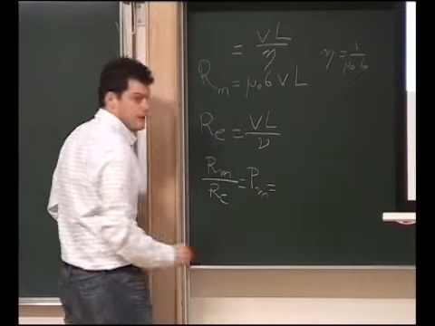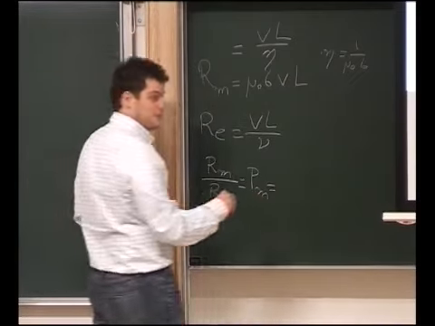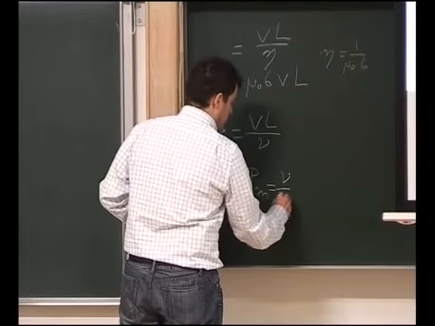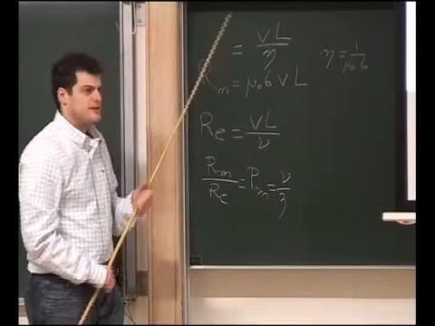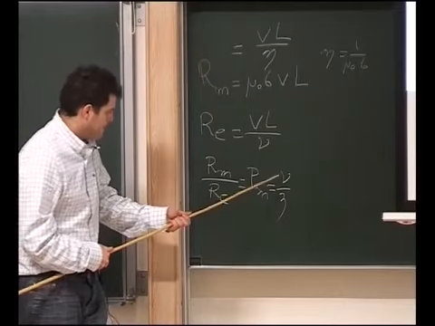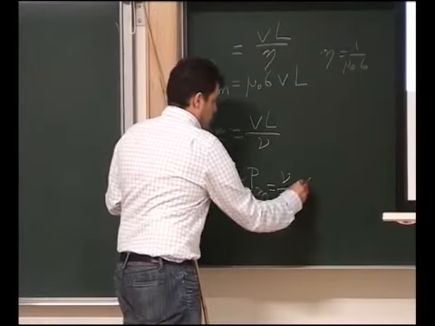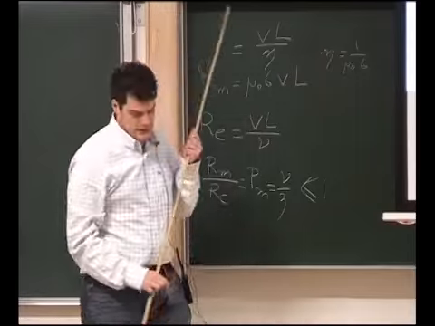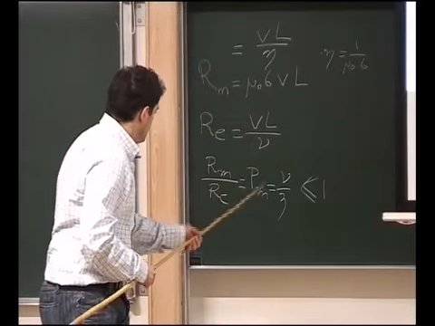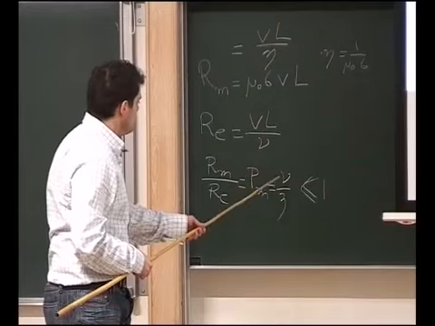Then the ratio between the magnetic Reynolds number and the kinetic Reynolds number is another dimensionless number called the magnetic Prandtl number. It's the ratio between the two viscosities. So this number is very, very small.